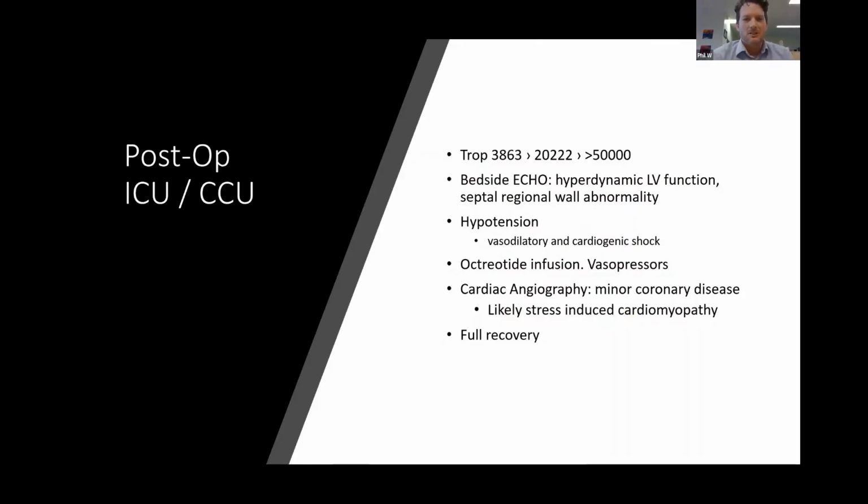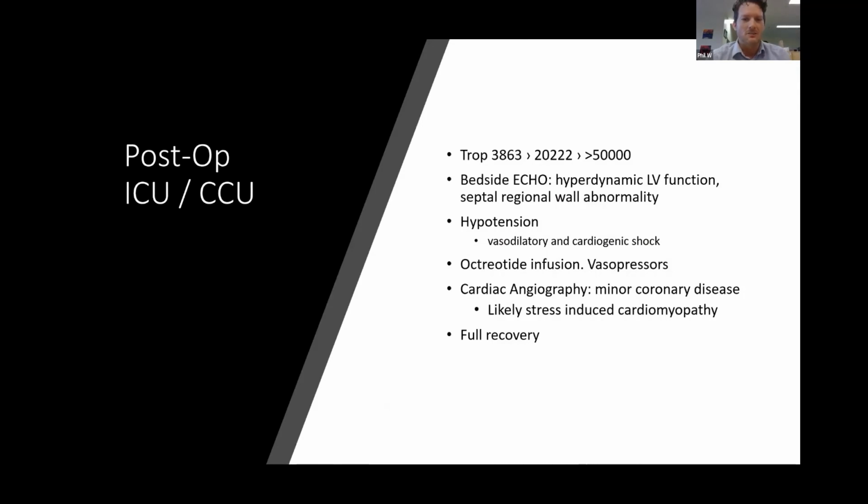After the procedure, the patient went to the ICU and was stabilised. He did have a significant troponin rise. A bedside echo showed some irregularities with the left ventricle. He was very hypotensive and vasodilated, clearly in cardiogenic shock, and he was given an octreotide infusion at the time.